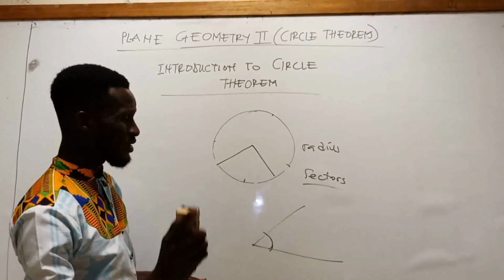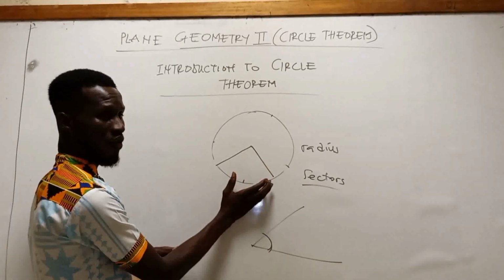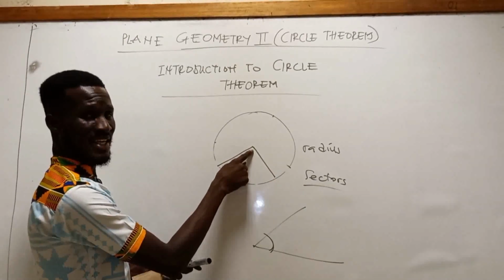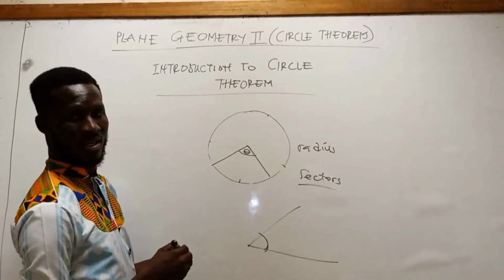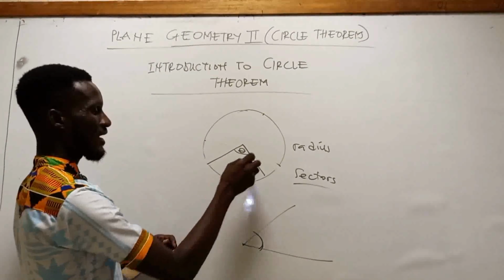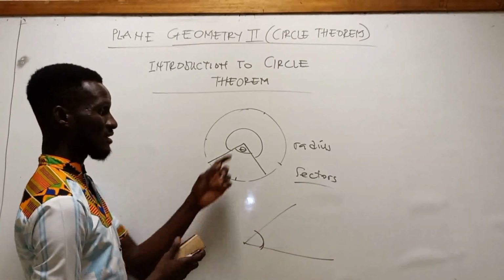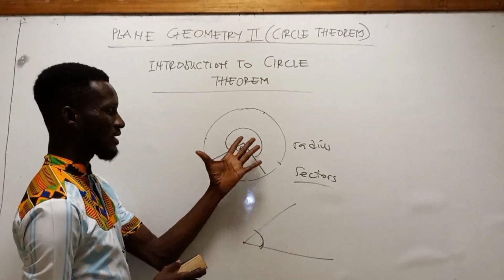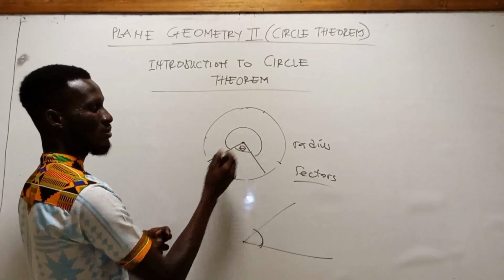So let's look at this one. These radii form an angle at the center of a circle. So this is the angle formed here. Let's say the angle is theta. Another angle is formed here, and this angle is a reflex angle. So these two angles are angles at a point.